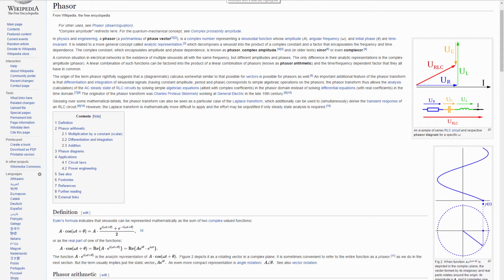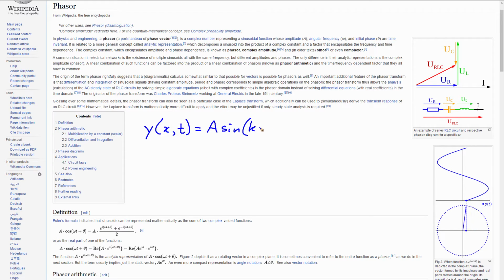So where we have a wave function, and I'll add this here in blue, I'm thinking of a transverse wave. So anyway, y as a function of x and t is equal to the amplitude times sine of kx minus omega t plus the phase constant phi. That's the initial phase.